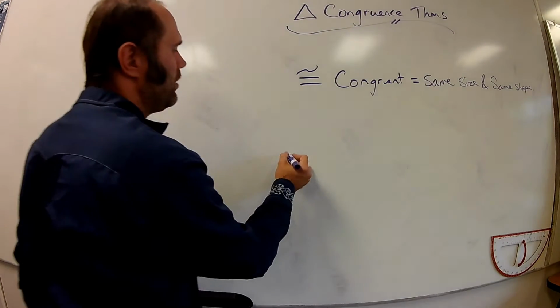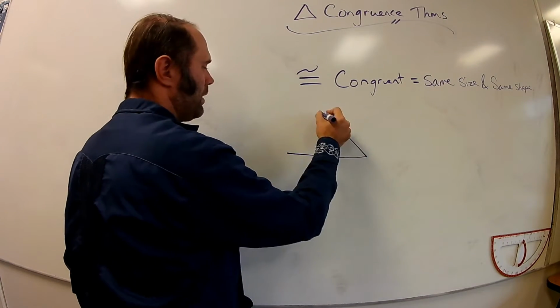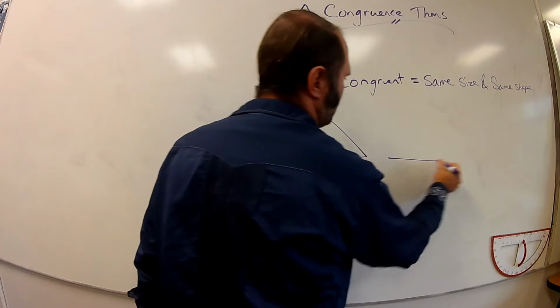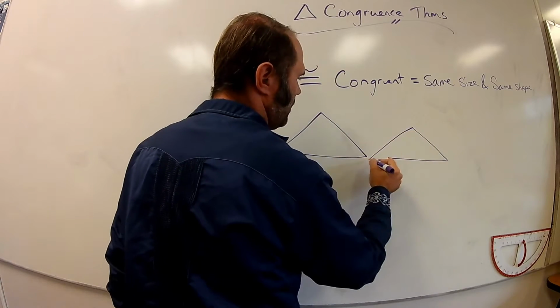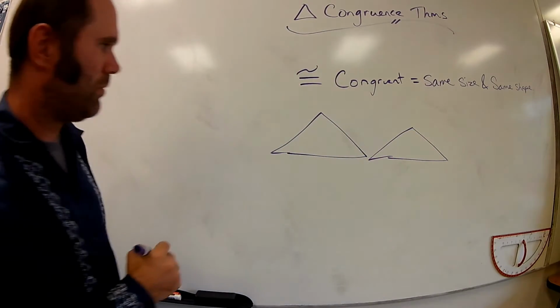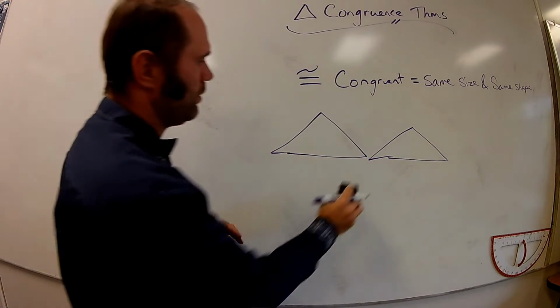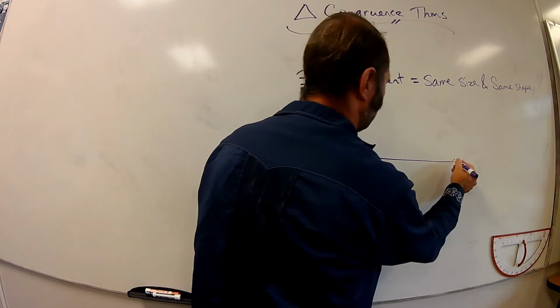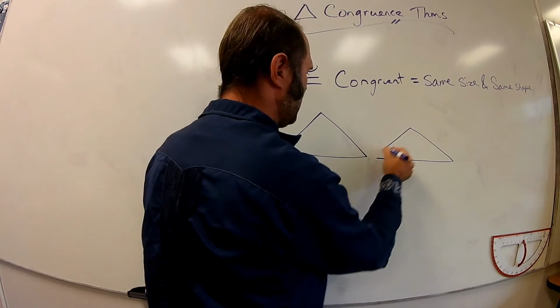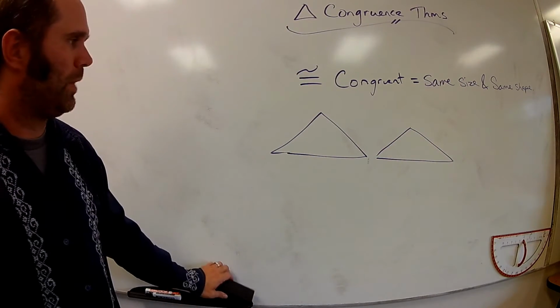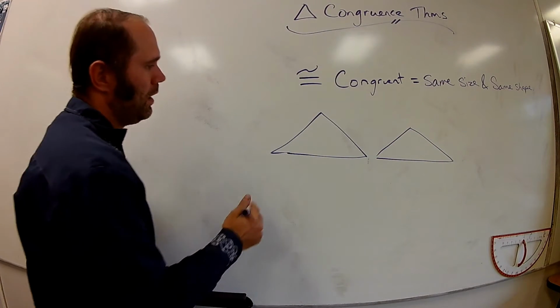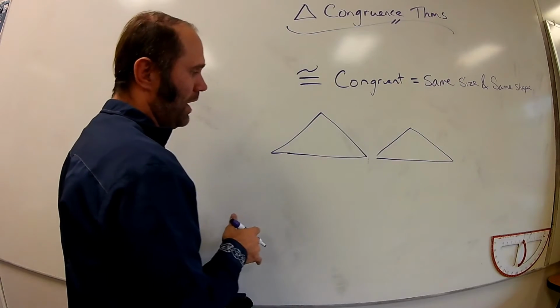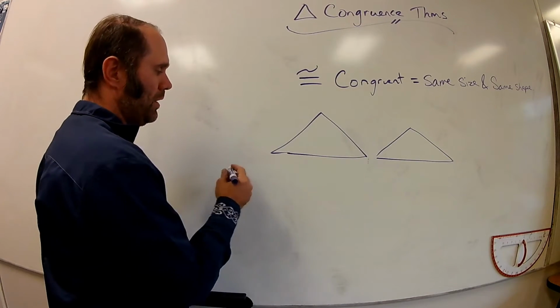So in a triangle and another triangle, trying to make them the same size roughly. I made this one quite a bit smaller. Let's see if we can make it a little closer to the right size. Okay. Still a little small, but that's okay. All right, so if they are the same size, the rule of 3 usually works.